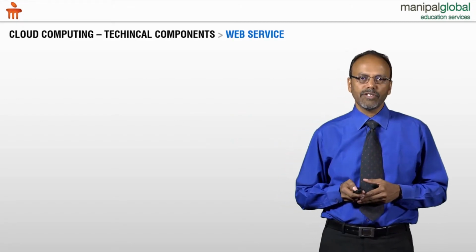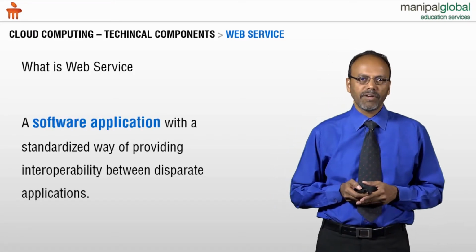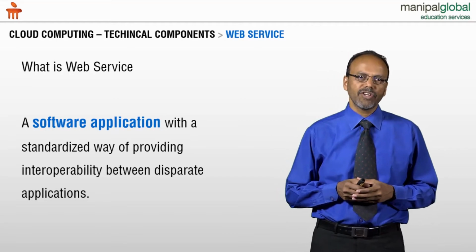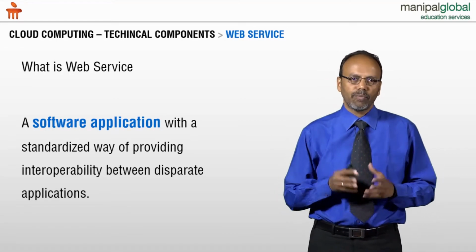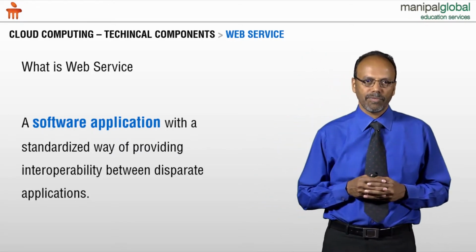Now one of the components of the service-oriented architecture is the web service. Web service is a small software application with a standardized way of providing interoperability between disparate applications.